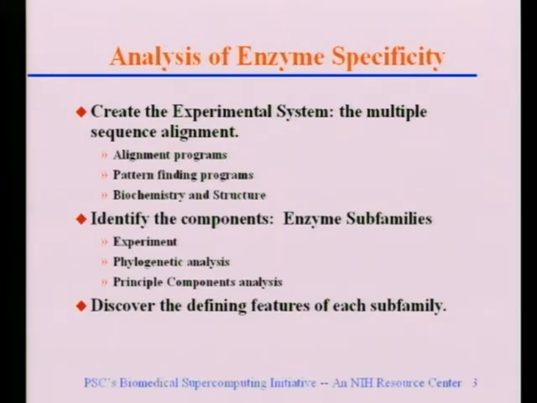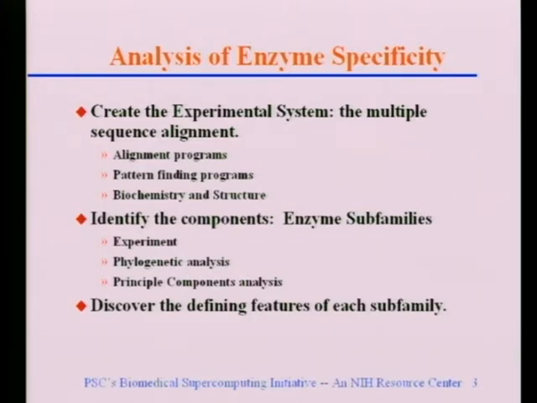But anyway, what will go into creating this multiple sequence alignment is the output from one or more alignment programs, programs for finding distinctive patterns in the sequences, and also our knowledge of the biochemistry and structure of the enzymes. All of these will need to be integrated into creating the multiple sequence alignment we're going to use as data for analysis of the subfamilies.